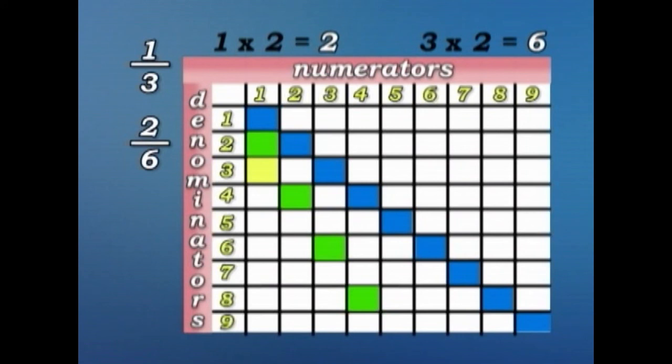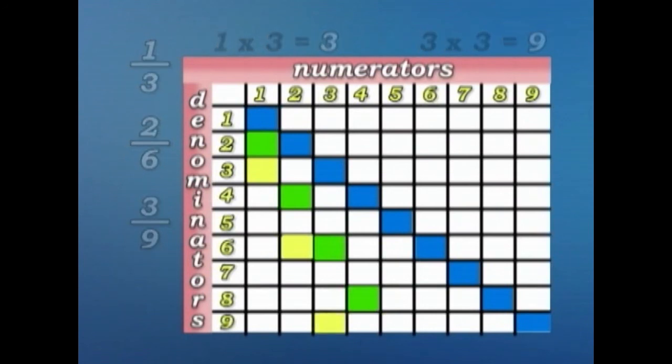So let's color that square yellow too. Now then, if we multiply 1 by 3, we get 3. And if we multiply 3 by 3, we get 9. So 1 over 3 and 2 over 6 are the same as 3 over 9.